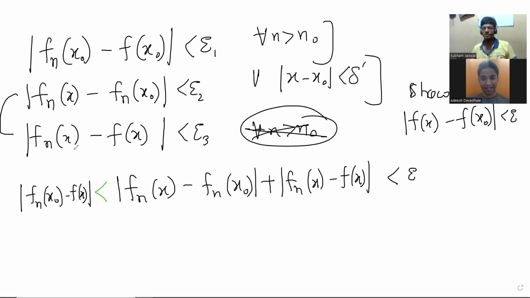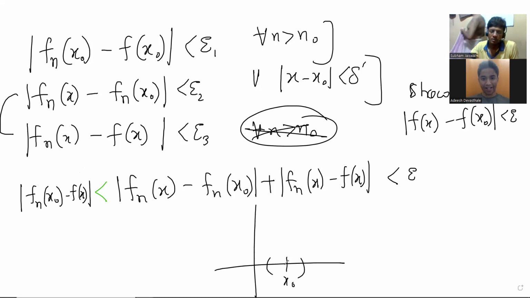For a certain error, you consider a neighboring area of x naught, and for that you are getting this inequality satisfied. And obviously f of x is very near to Fn of x. So for that band of f of x, it will obviously be near.